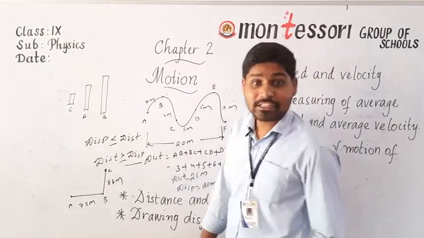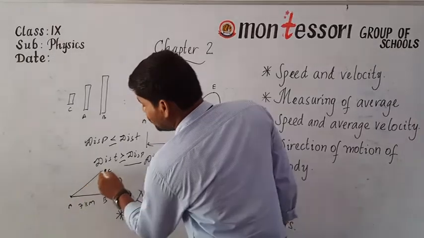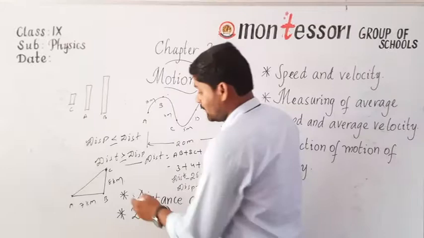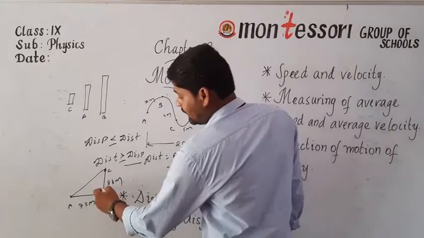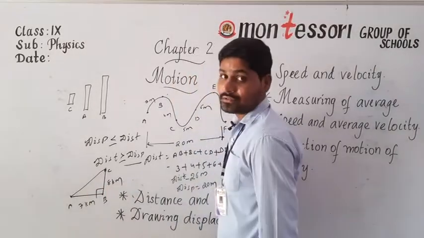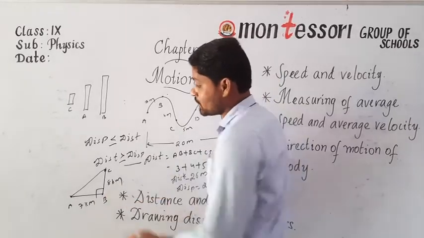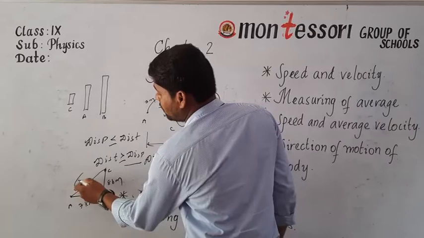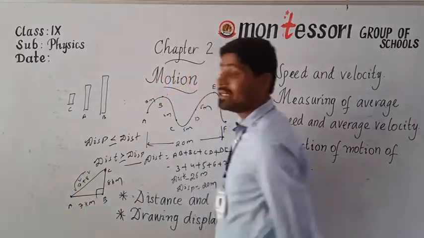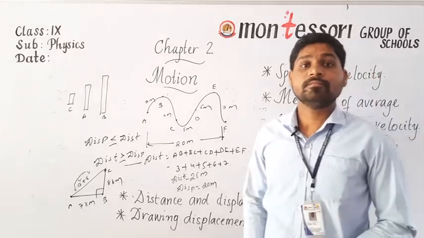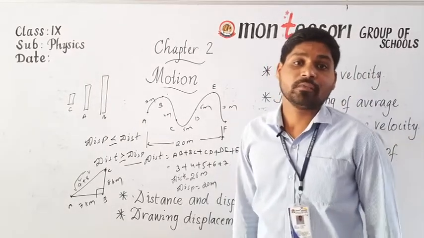Then what is the displacement here? A to C, the shortest distance between the initial and final point. How do we get this? It is like a right-angled triangle. In a right-angled triangle, hypotenuse square is equal to side square plus side square. So 7 square plus 8 square gives the displacement of the given path. Is it clear?